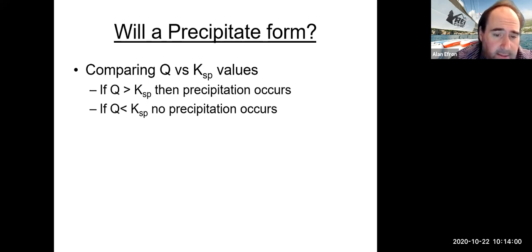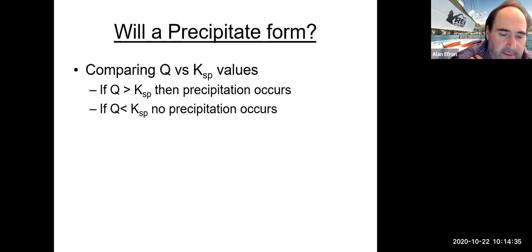And that's where we come back to our Q versus Ksp relationship. Earlier we talked about Q, which is the reaction quotient. It's the same situation we had earlier where we're not necessarily sure we're at equilibrium, so we often use our initial concentrations. When you calculate Q, it is calculated the exact same way as you would calculate the Ksp, and then we compare.